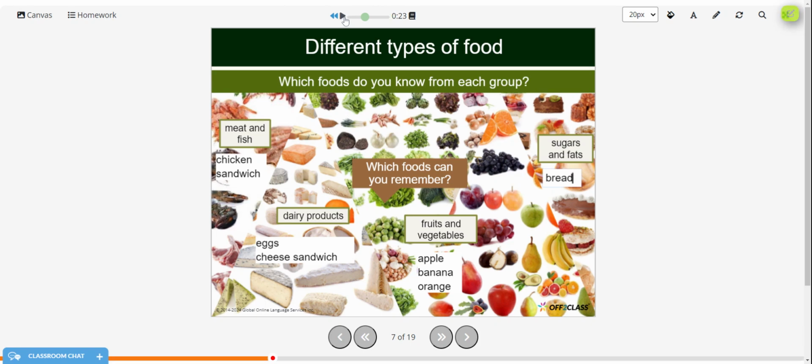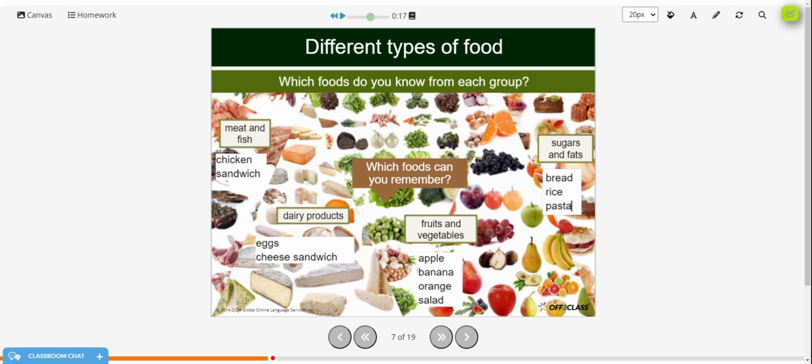Salad. Salad would go under fruits and vegetables. Rice. Rice, I would say, it's really a grain, but we would put it under sugar and fat, I think. Pasta. Pasta, again, we don't have grains, so we really only have this option, sugars and fats.